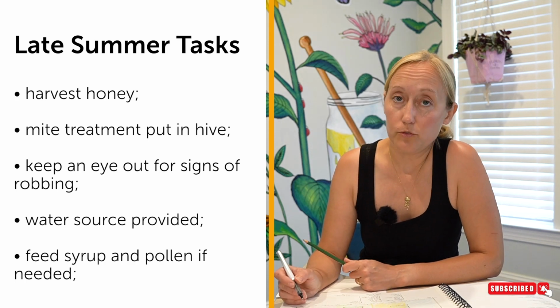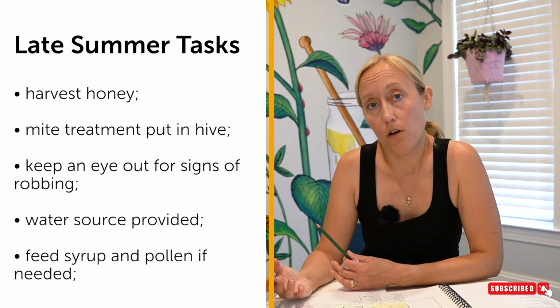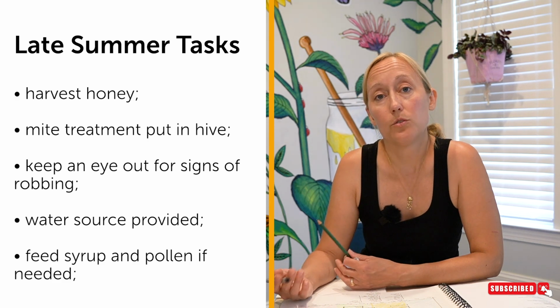So for tasks, not only are we going to be harvesting if we think we can and we have enough honey, we're going to be treating. Now you're going to want to treat one final time, and that is going to be in the fall, before it is too cold to open your hive, and right before you prepare it for winter.